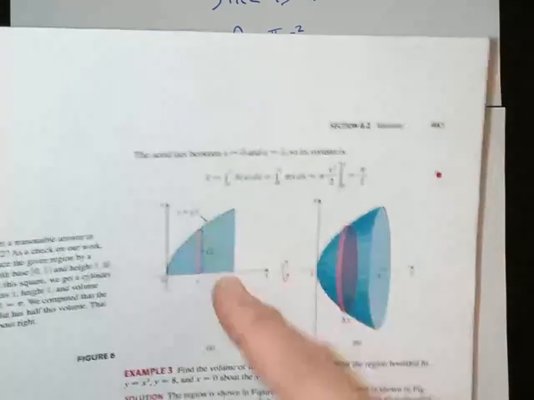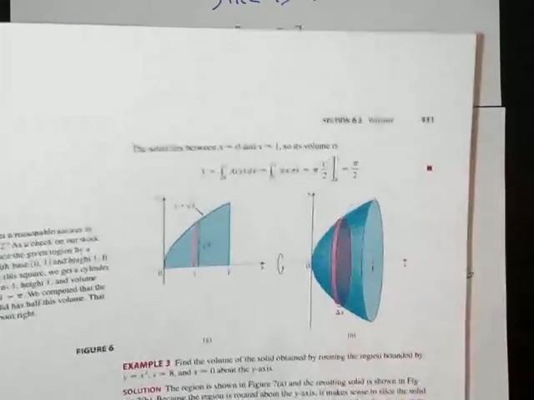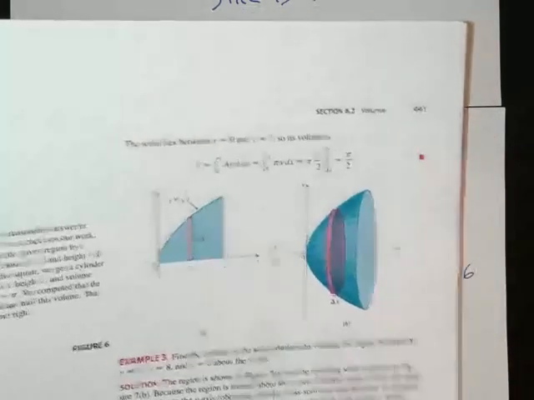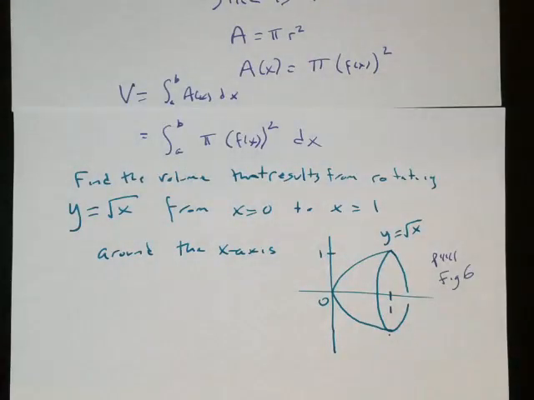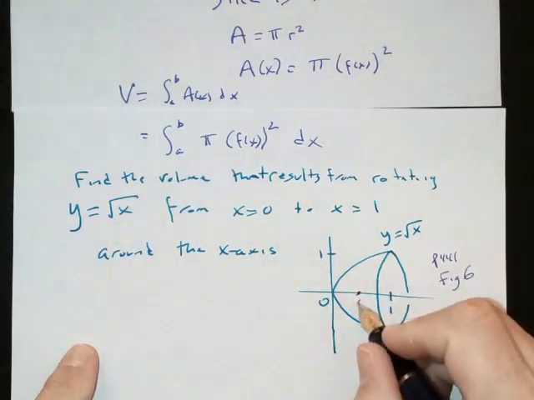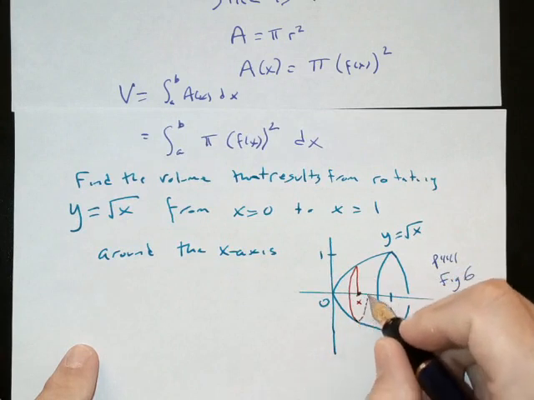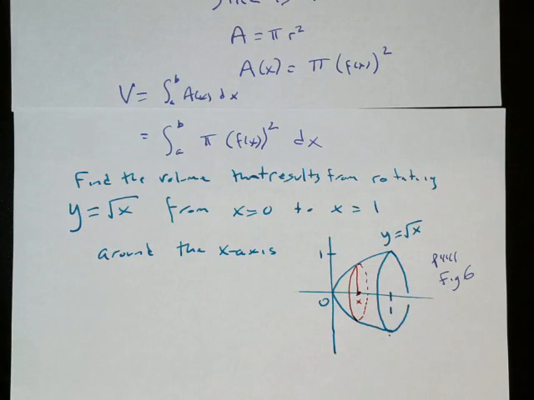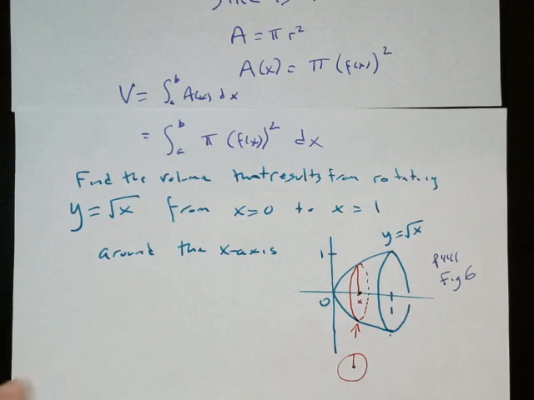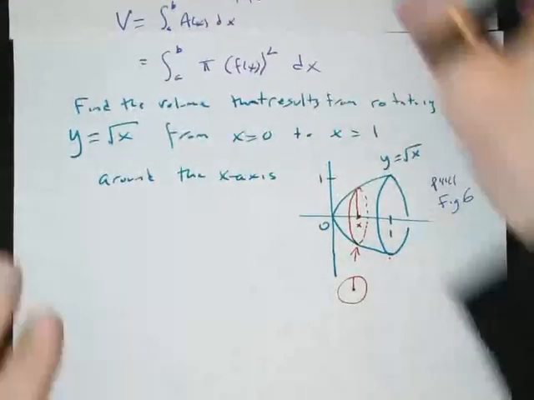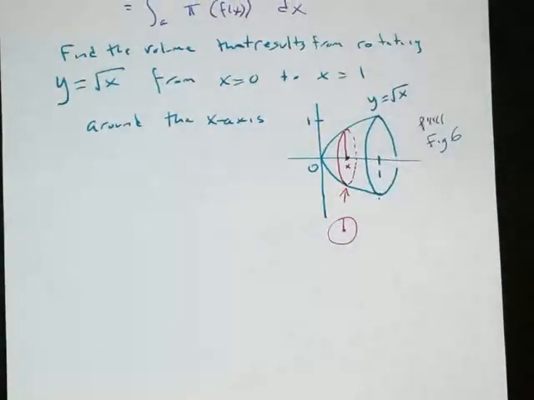But you see how we have a slice? And when we spin that slice around, we get a coin. So if I were to lay that coin on its side, I'd have a circle. There's my slice. And at that x value, I have a circle whose radius is the function I was given, the square root of x.